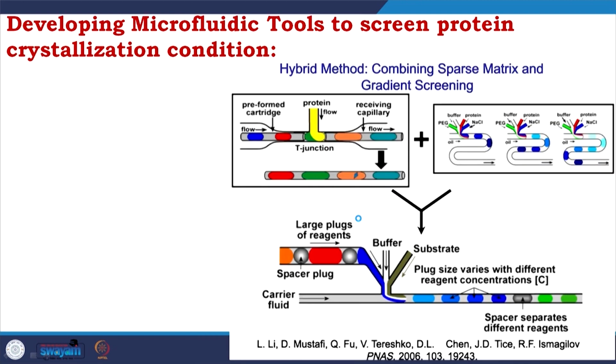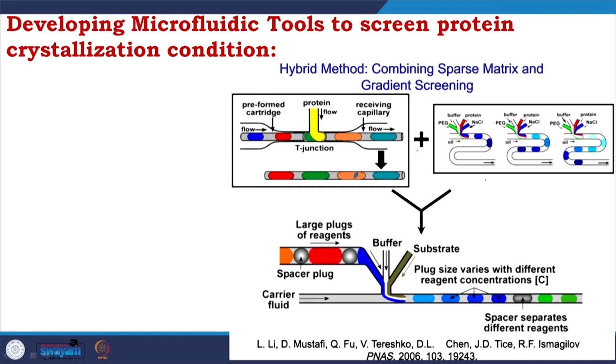And they also have developed a hybrid method where they combine the sparse matrix and the gradient screening. So, they develop the preformed cartridge, they have the protein flow, then they have the receiving capillary, but then they merge it with the different concentrations.